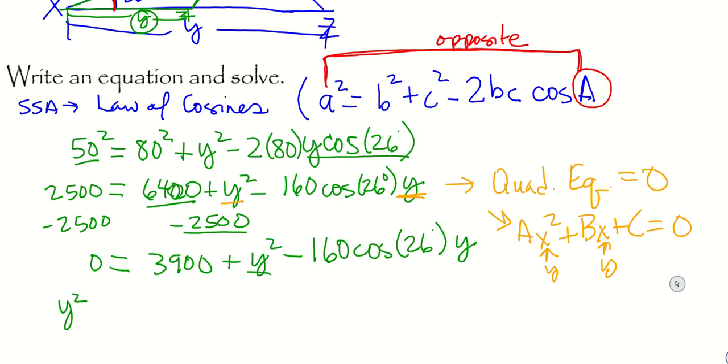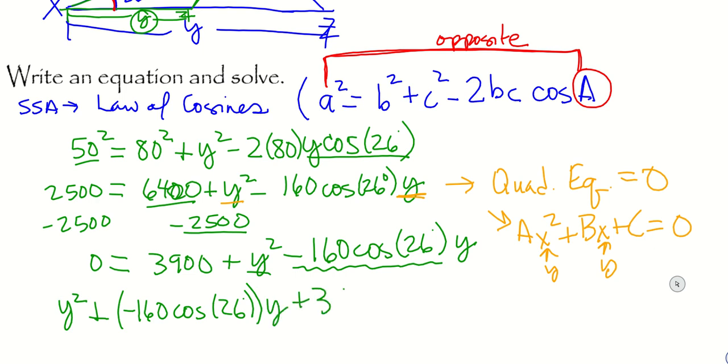Then I want to do plus my b. Well, my b is this negative 160 times the cosine of 26. So I've got plus negative 160 times the cosine of 26 degrees, and that is multiplied by my y. And then I have my constant, 3,900, and that equals 0.